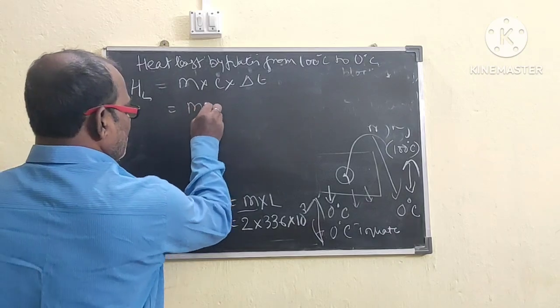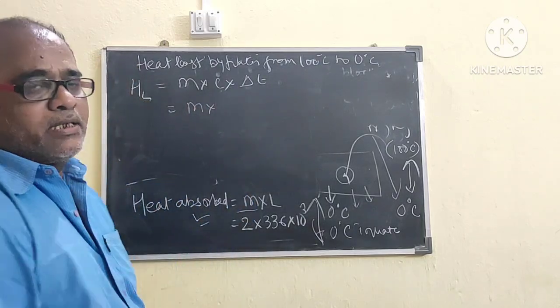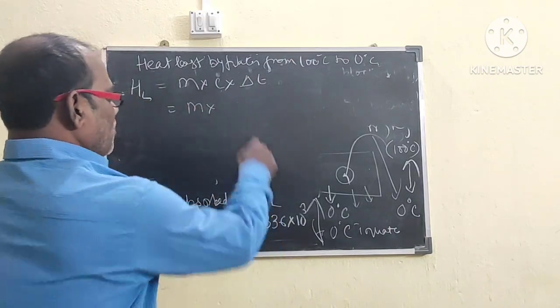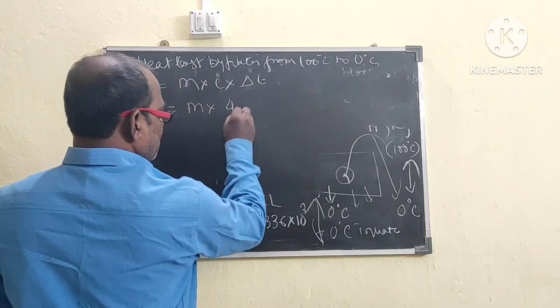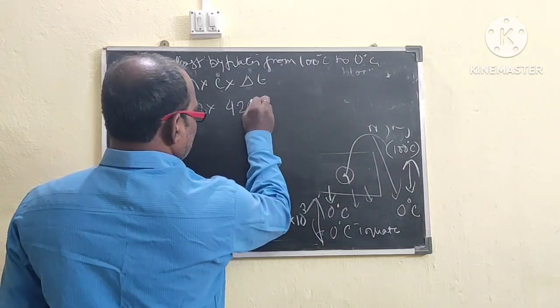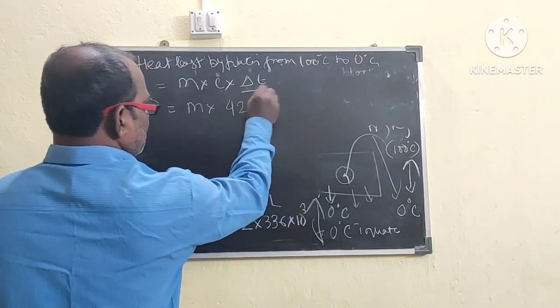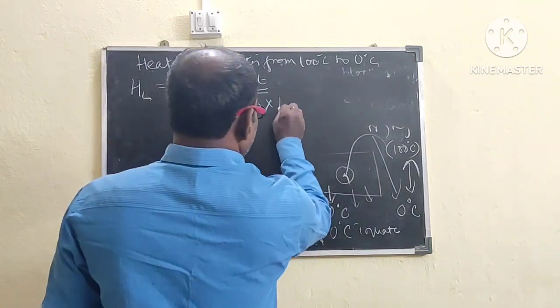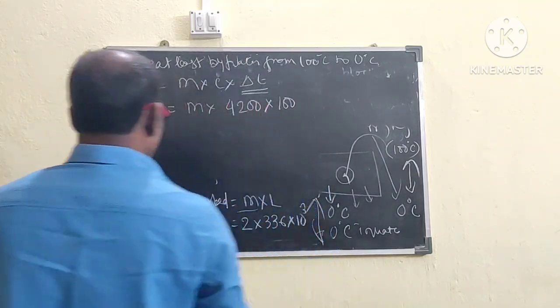Write down m into c, we know specific heat capacity of water is 4200, into change in temperature, which is 100.